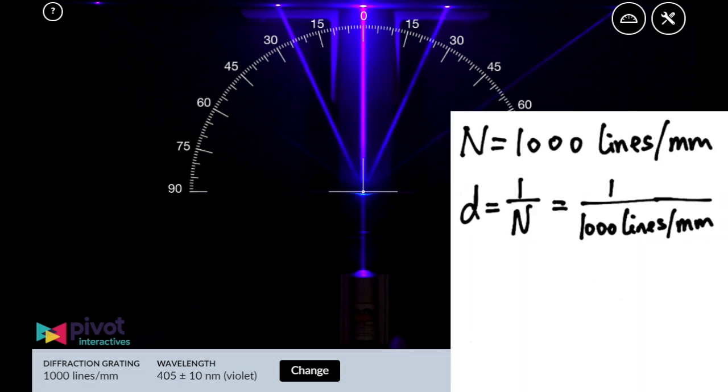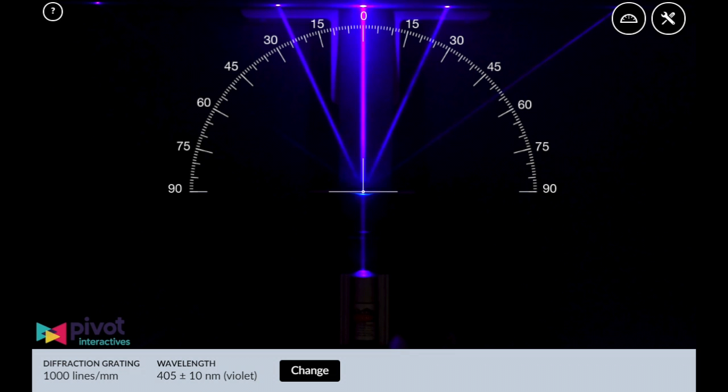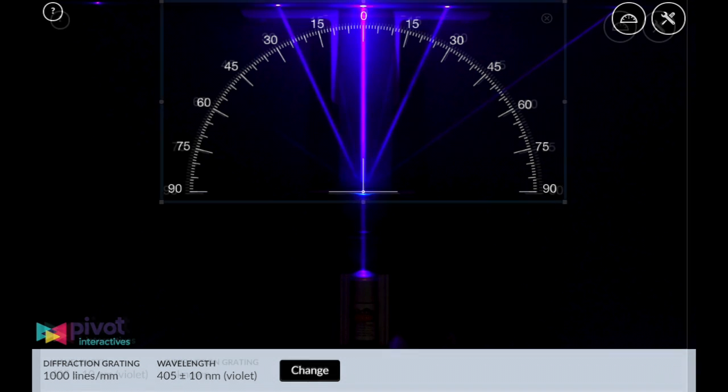So 1 over 1,000 lines per millimeter equals 1 over 1,000 millimeters. If you do the unit conversion from millimeters to nanometers, you get the grating spacing to be 10 to the third nanometers for 1,000 lines per millimeter.